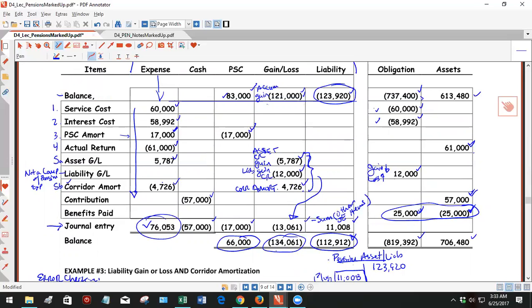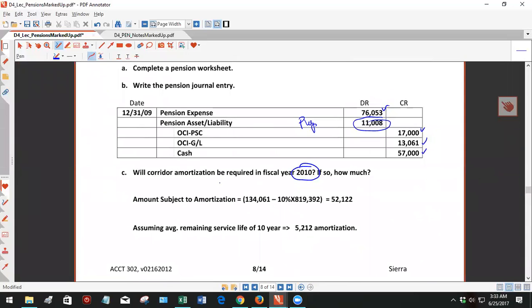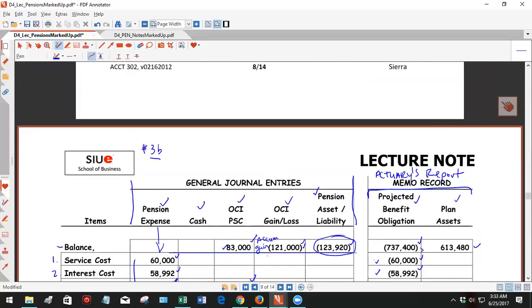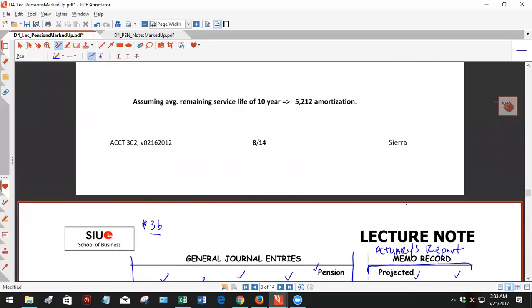So for the next year, we know that our beginning balance is going to be 134,061, and we can stick with the average remaining service life of active employees. And we also have the beginning balance of the PBO, 819,392.